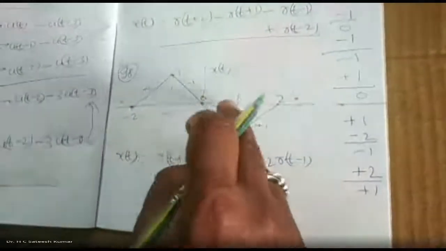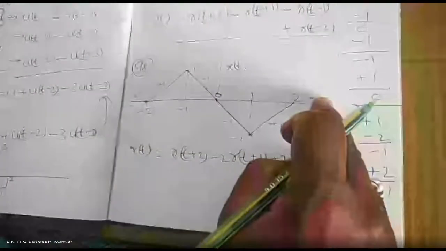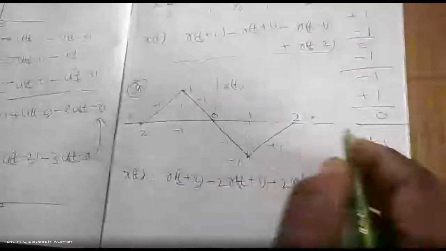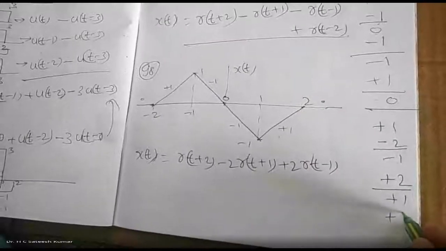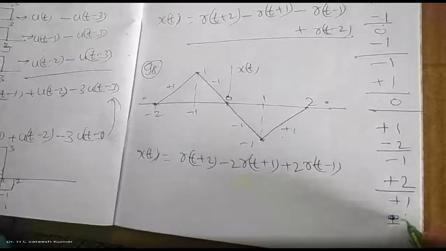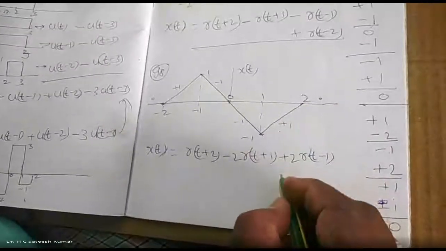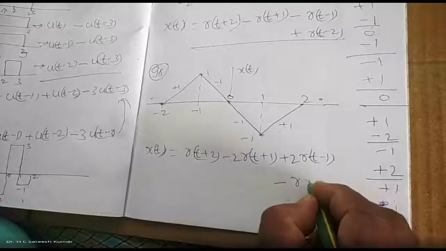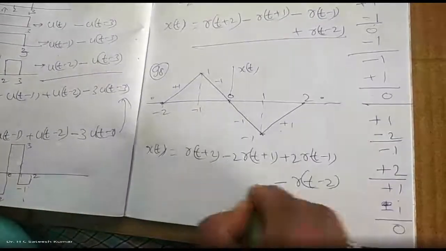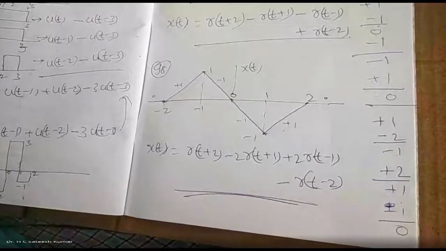Now we'll have to make the slope equal to 0. How will you make the slope equal to 0 from 2? If you want to make the slope 0, you add a ramp with slope of -1. It will become 0. So starting from 2, add a ramp with slope minus r of t minus 2. That's how we should do it. So this is the way we should do the problems. Right?